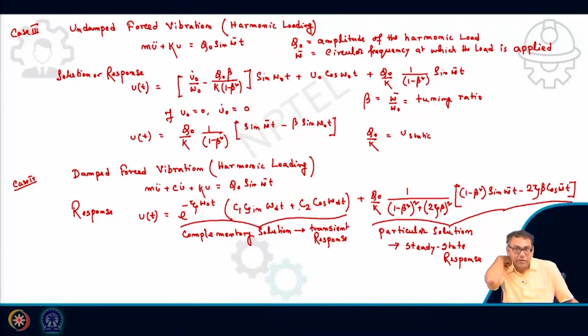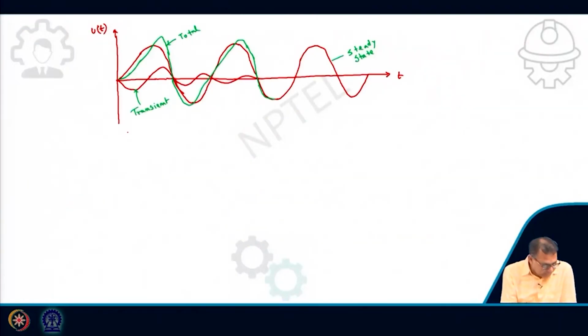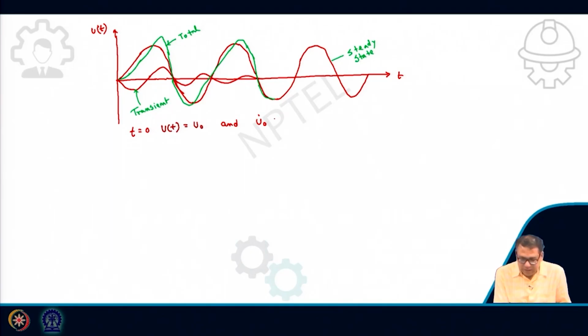These two constants C1 and C2 we can get by using the initial conditions. So the initial conditions say that at t equal to 0, u(t) will be u0, and u dot will also be equal to 0 at t equal to 0.